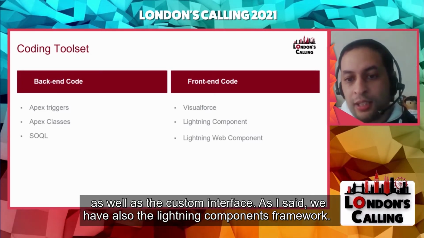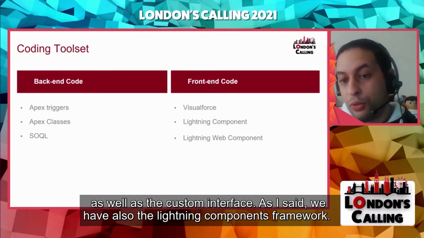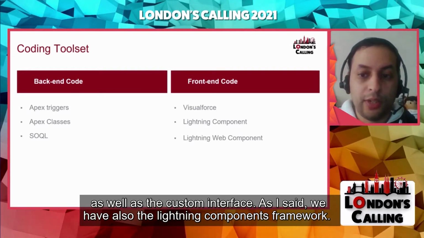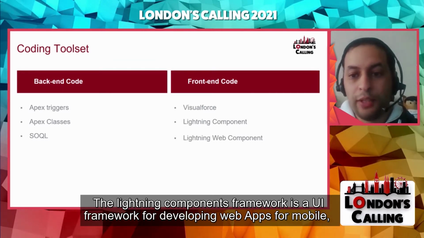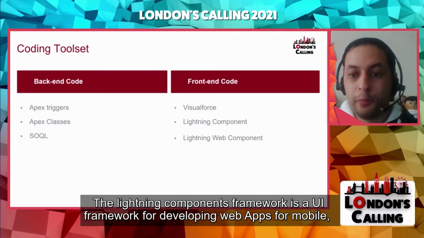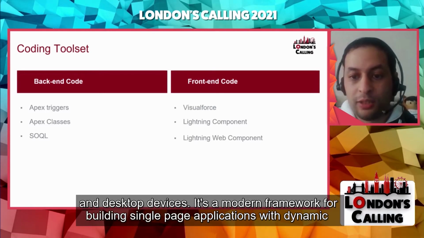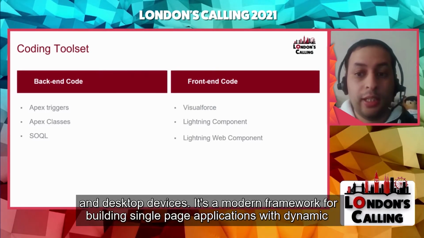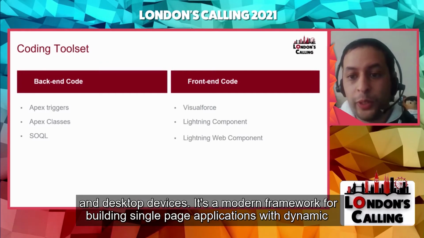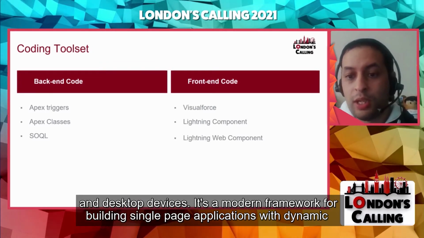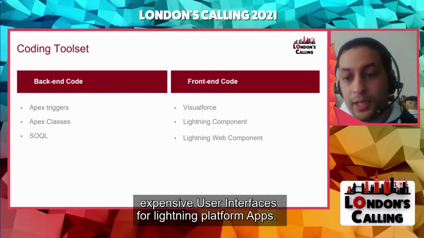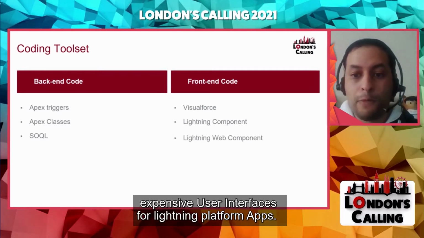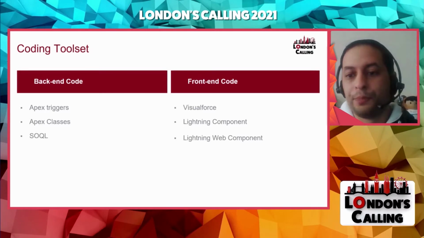And as I said, we have also the Lightning component framework. The Lightning component framework is a UI framework for developing web apps for mobile and desktop devices. It's a modern framework for building single page applications with dynamic, responsive user interfaces for Lightning platform apps.